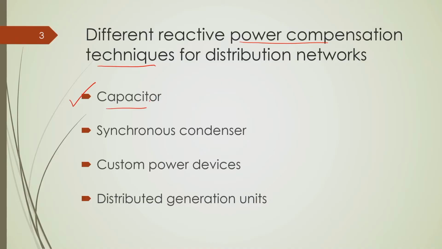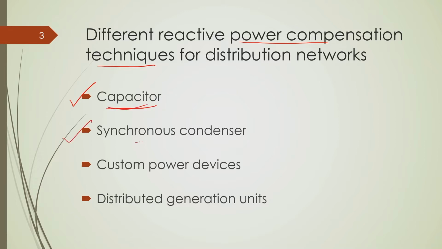Means when the capacitor draws reactive current from the source, the inductor provides the reactive power. So, if you place a capacitor near an inductive load, both will exchange the reactive power, and thereby this load need not draw reactive power from the grid or from the substation. That is the main point I was trying to establish. Okay. So, the capacitor is one of the sources of reactive power, and it is used for reactive power compensation.